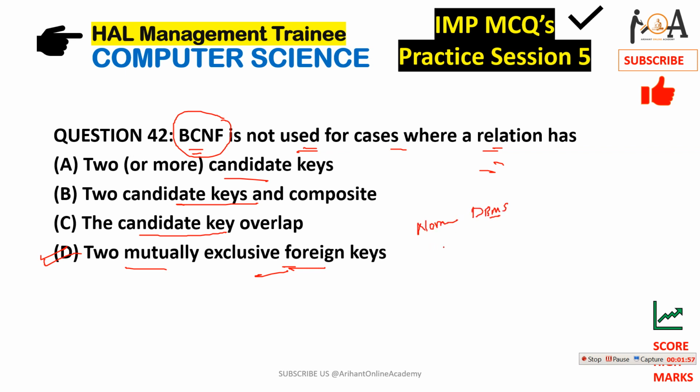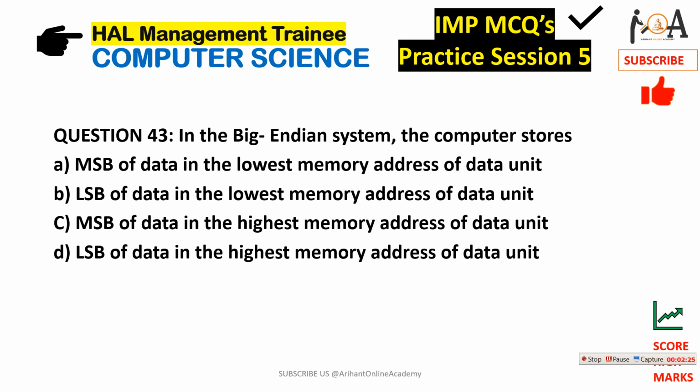In that video we have discussed 1NF, 2NF, 3NF, BCNF, 4NF, 5NF and 6NF in great detail. So you can watch the lectures in our DBMS playlist, and I hope this doubt will be cleared. So here option D is the correct one.